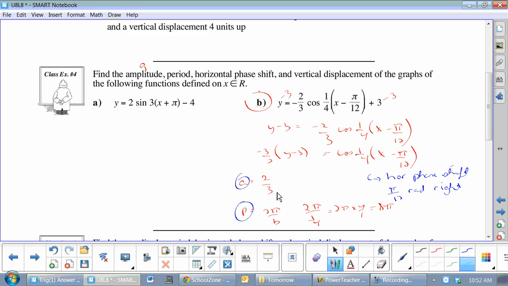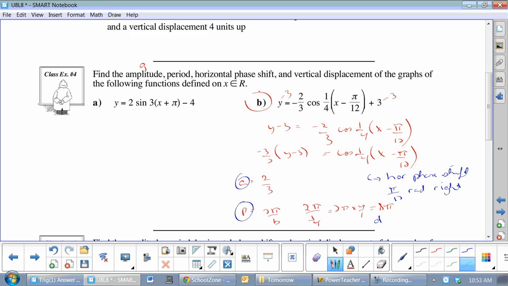It's complicated, but it's trig. It's just saying it in a trig language. Okay? And then D is the vertical. Vertical what? What is it called when we move it up and down? Displacement. Good. And you can remember D with displacement, right?